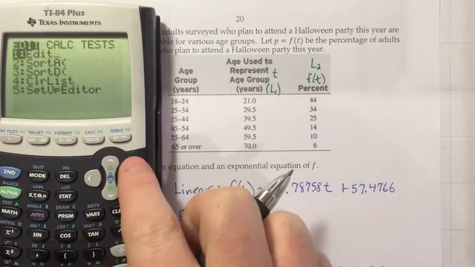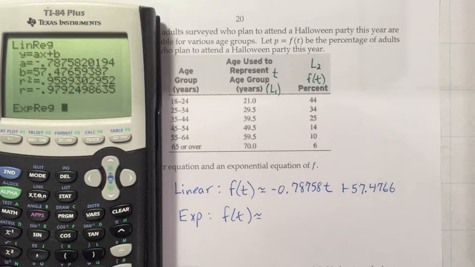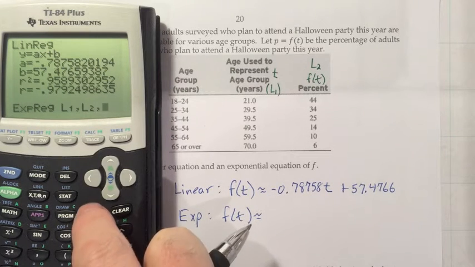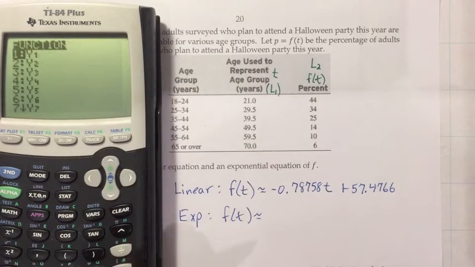And then for the exponential regression, very similar process. So we're going to go stat, calc, and we're going to drop down to exponential regression. We're going to do L1 comma L2 again, and we're going to store it again. This time we don't want to store it in Y1 because that would go over the top of our last one, so I'm going to do variables, y variables, function, and I'm going to store it in y2 this time.